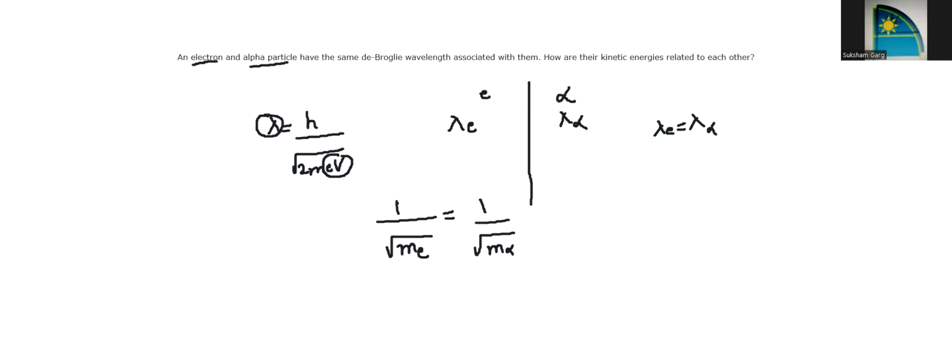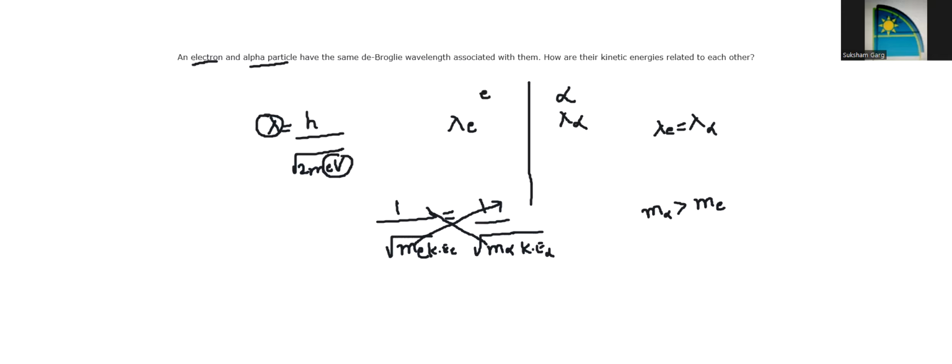And of course, this side we have the kinetic energy of the electron and this side we have the kinetic energy of the alpha particle. Again, if you cross multiply this equation, you take m alpha here and you take m e here. So we know very clearly that the mass of the alpha particle is much more as compared to the mass of the electron.